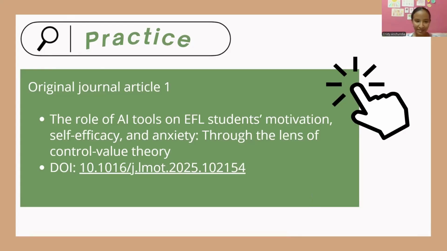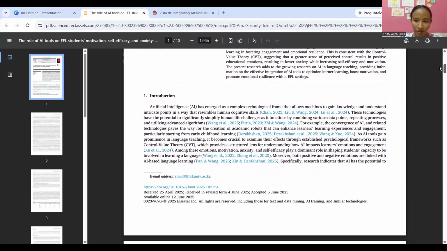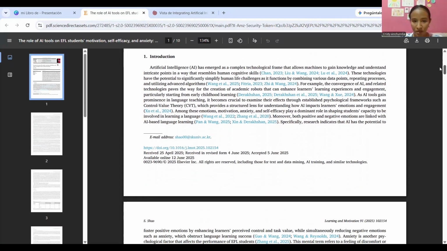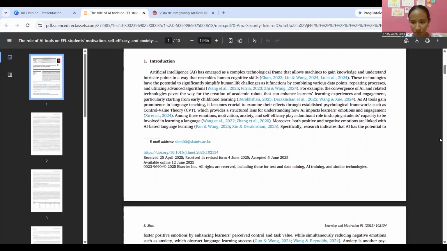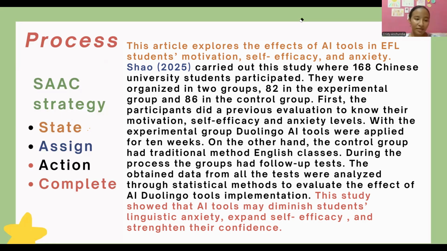Now it's time to practice. Here we have an original journal article, and I'm going to show you the steps and the process that I followed to do the summary. Okay, this is the original article. And this is the process.